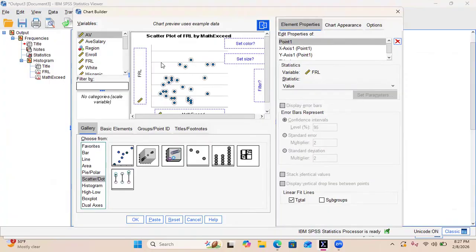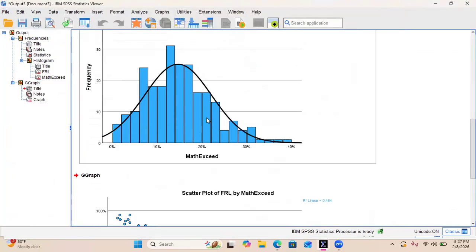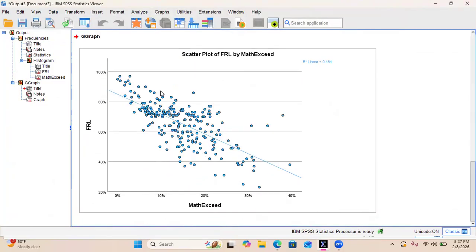Let's make sure all of that is pulled and set. Okay. Gonna hit OK. So as we can easily see here, the higher the number of free and reduced lunch, the lower and lower the math exceeding test score is.